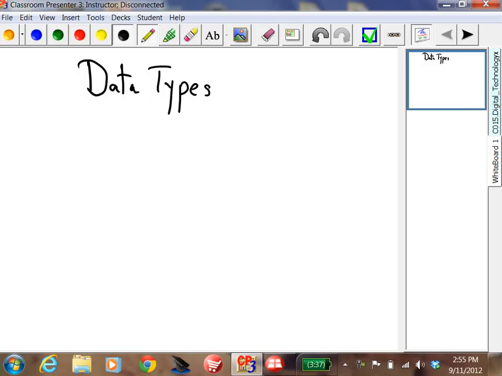Well, I think I distinguish between elementary data types and non-elementary.